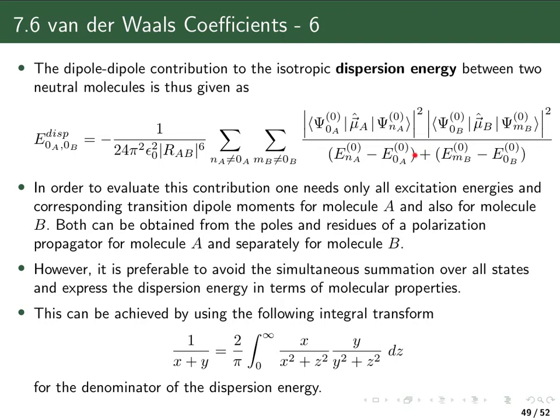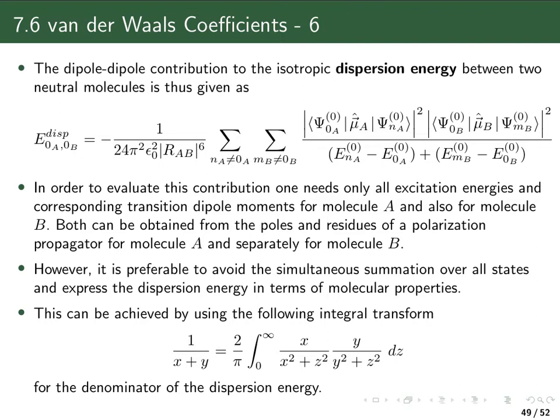Let's try to separate this denominator here, which is a sum of two terms, into a product of terms where only one depends on A and the other one depends on B. For this one can use this integral transform, which is precisely splitting up 1 over x plus y into an integral over a product of a term which only depends on x and this new variable z, times a term which only depends on y and this new variable z.